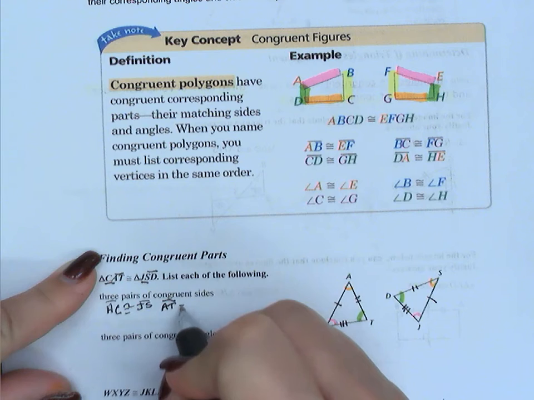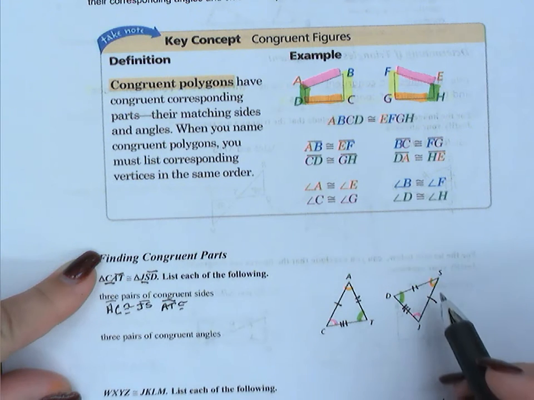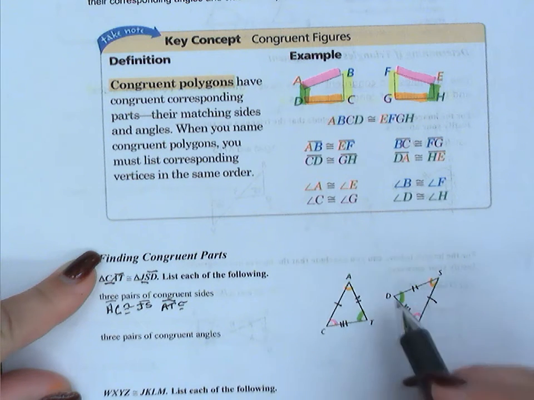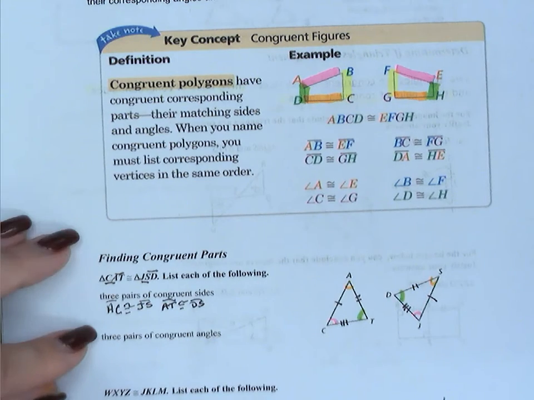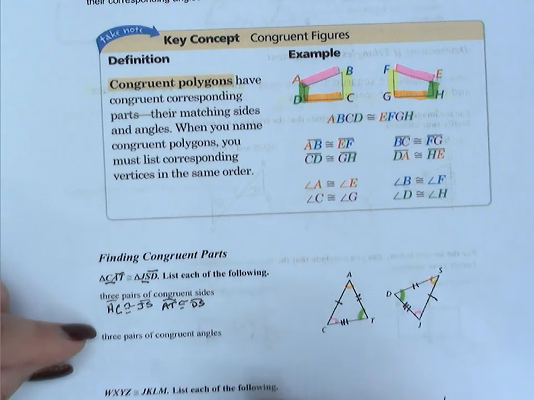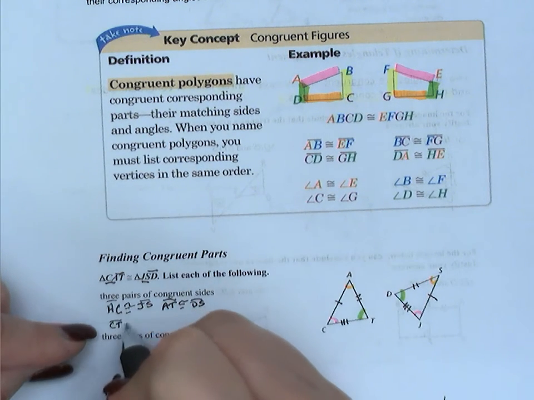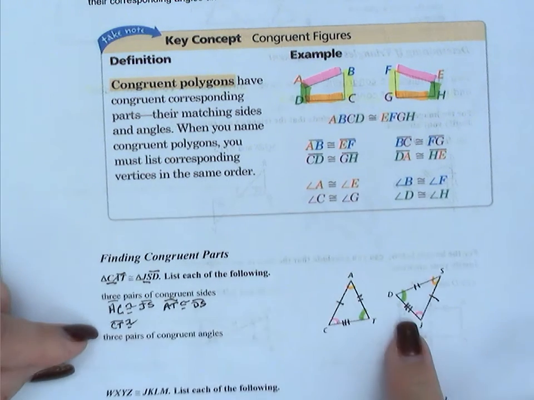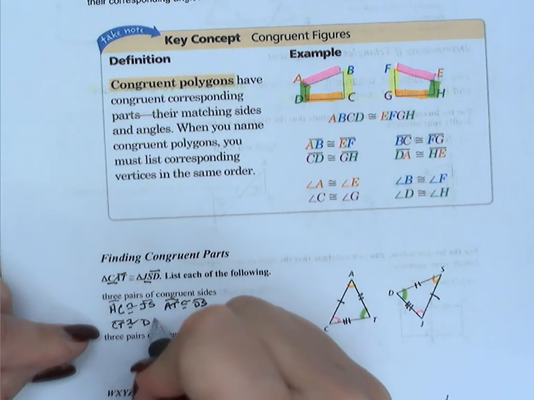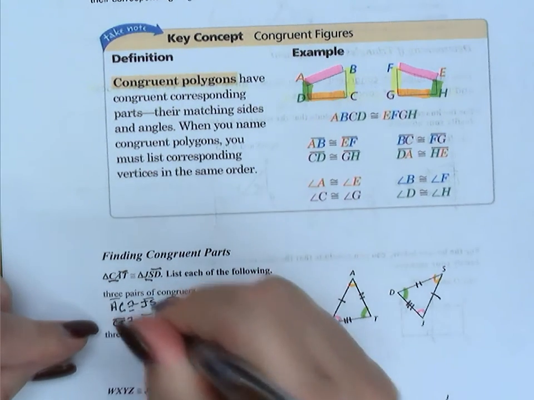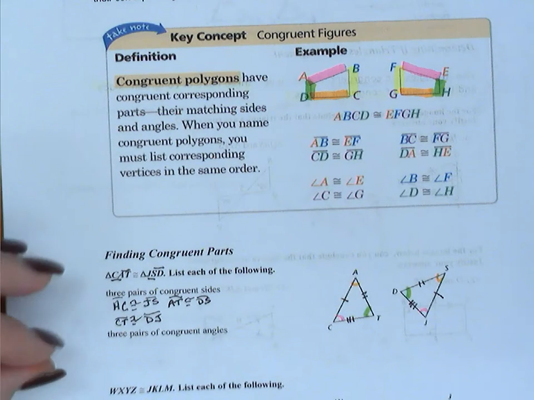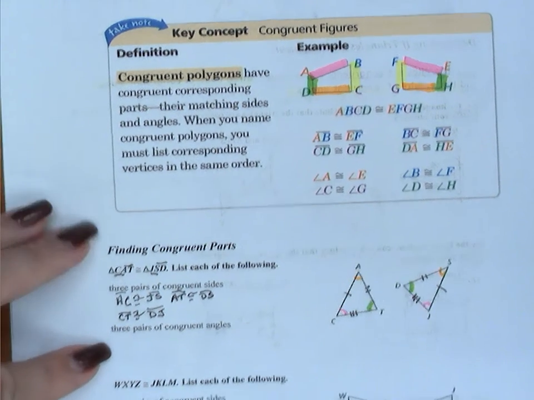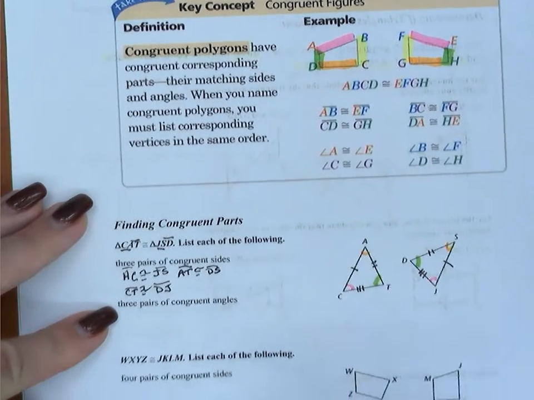Make sure you put the line over there so you're talking about the segment, is congruent to DS. And segment CT is congruent to segment DJ. Again, the lines over the top mean I'm talking about the segments and not the measures of the segments or the sides. There are 3 pairs of angles that are congruent to each other.